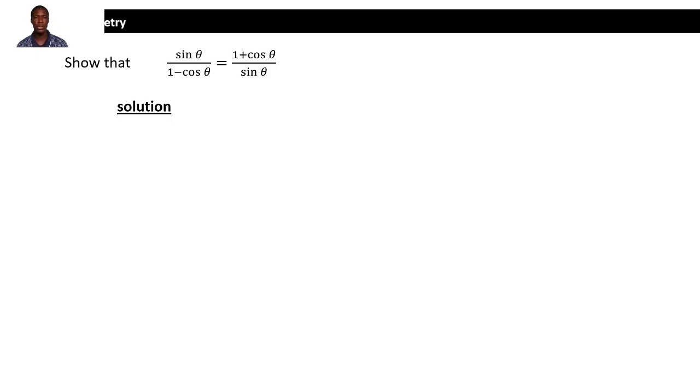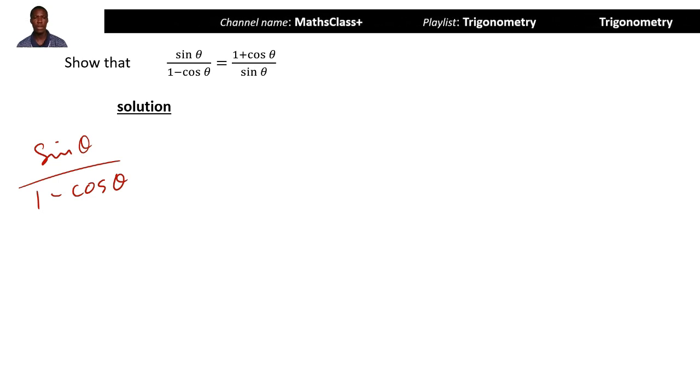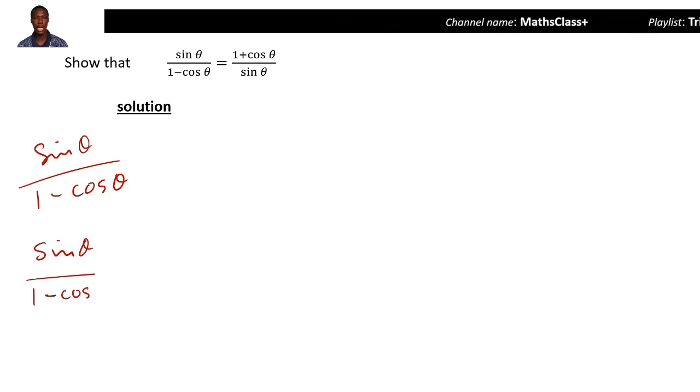So also to show that a fraction with numerator sine theta over denominator 1 minus cosine theta is equal to a fraction with numerator 1 plus cosine theta divided by denominator sine theta. Okay, so I'm proving from the left to the right. Sine theta divided by 1 minus cosine theta. What I'll do is to rationalize. So I'll have sine theta over 1 minus cosine theta, and I'll multiply this fraction by the conjugate of 1 minus cos theta.